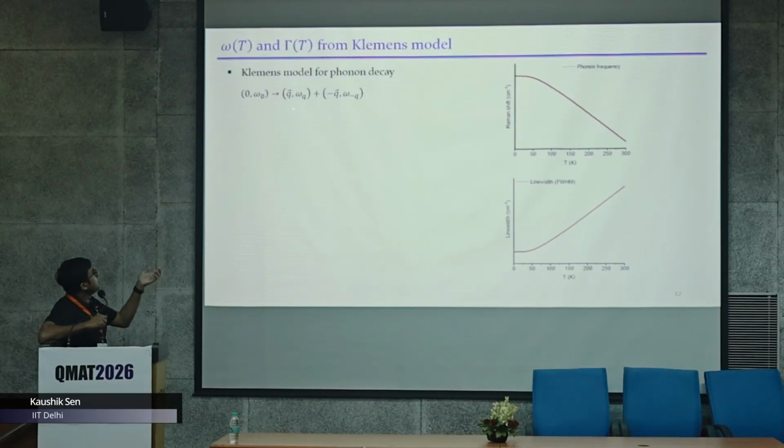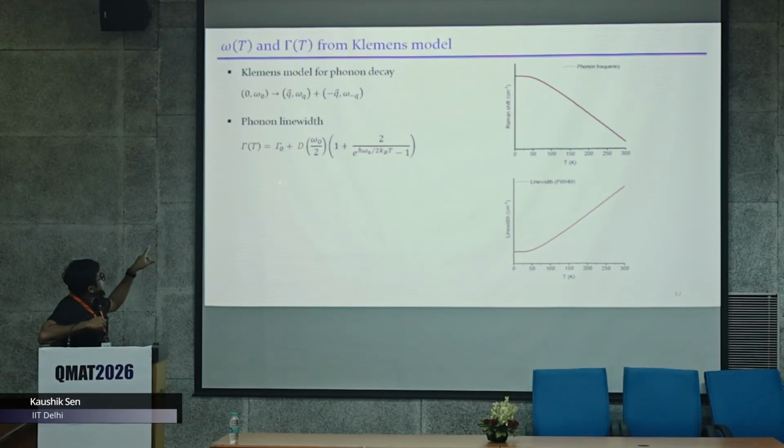The acoustic phonons will have opposite momentum, because plus q and minus q add up to 0 momentum, and omega q will have half of this frequency. This is natural: the phonon frequency increases as you cool down and the line width decreases as you cool down.